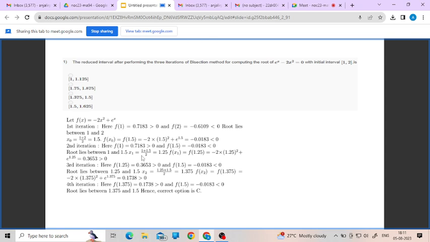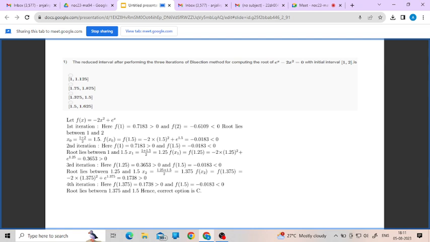If you have doubt in the first iteration, let me know. So I hope the first iteration is clear to you.